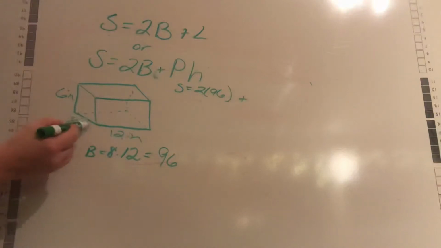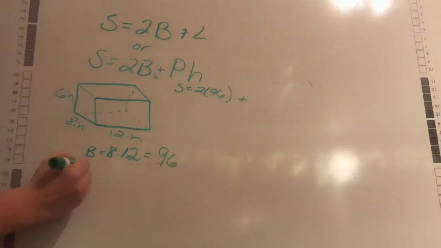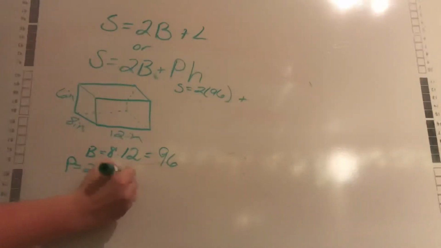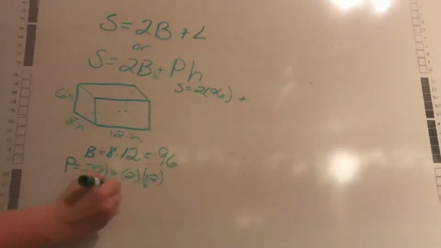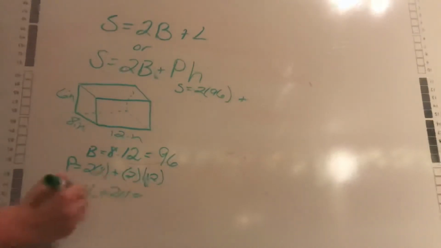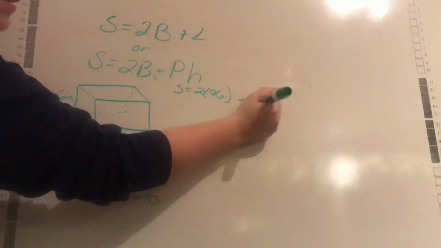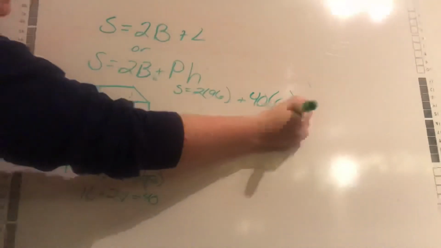So 8 plus 12 plus 8 plus 12, which is 2 times 8 plus 2 times 12, so that's 16 plus 24, which equals 40. So we're going to have 40 times our height, which is 6.